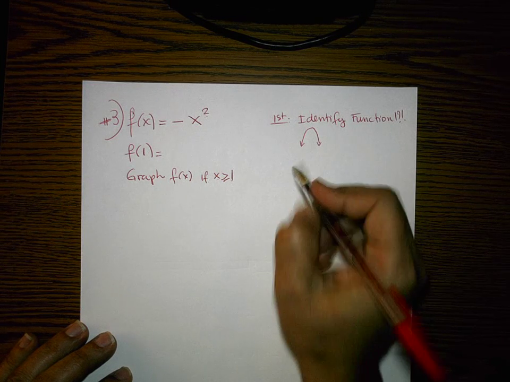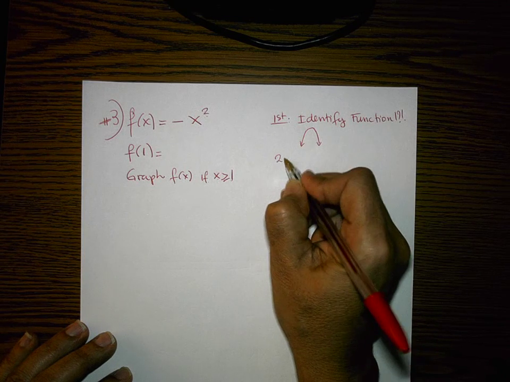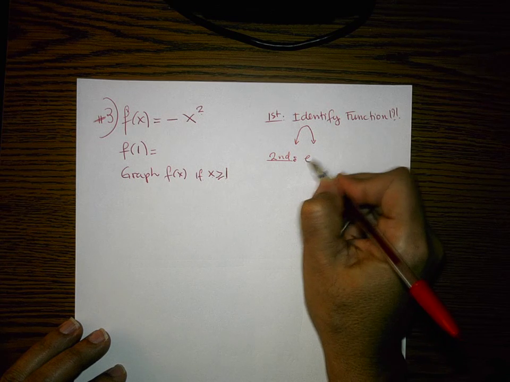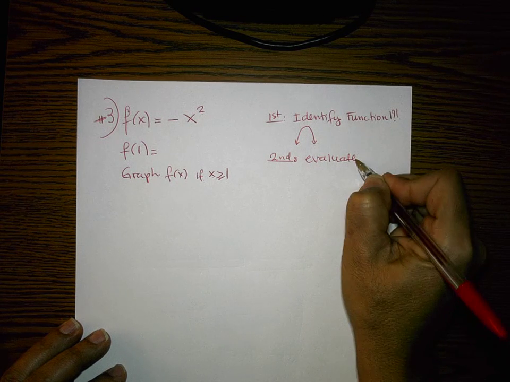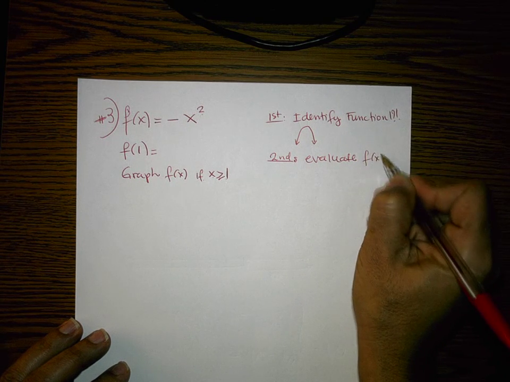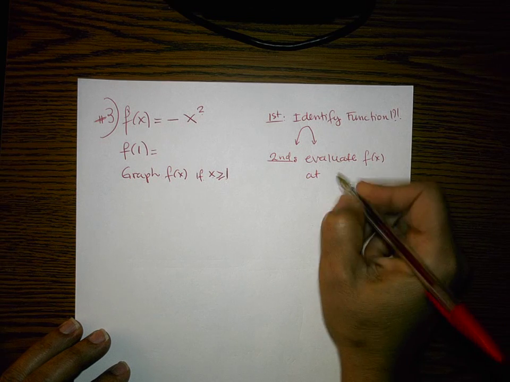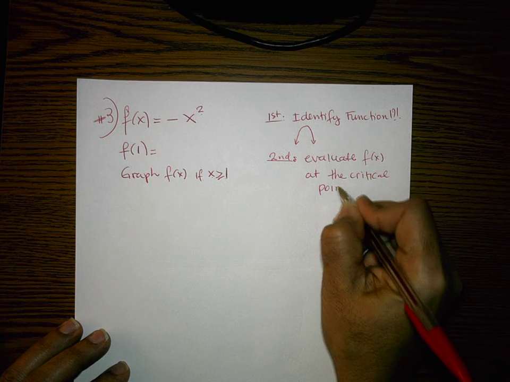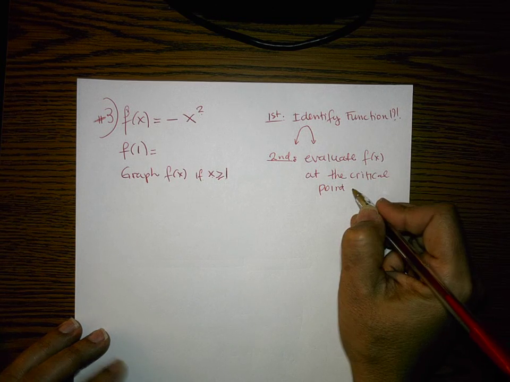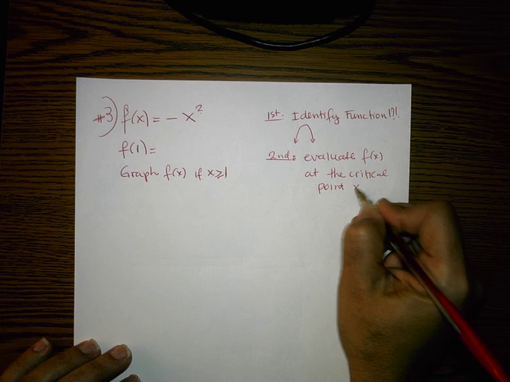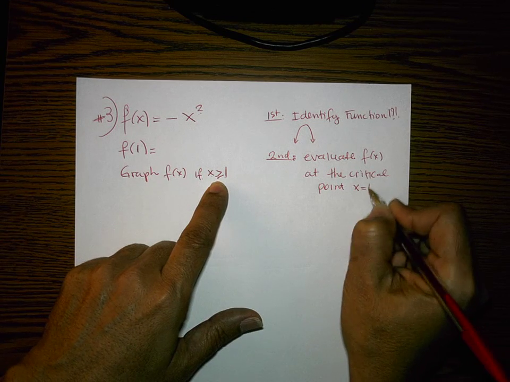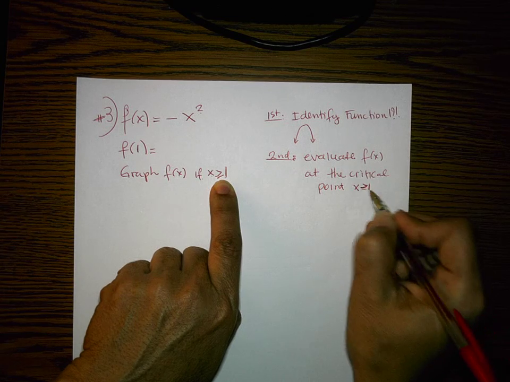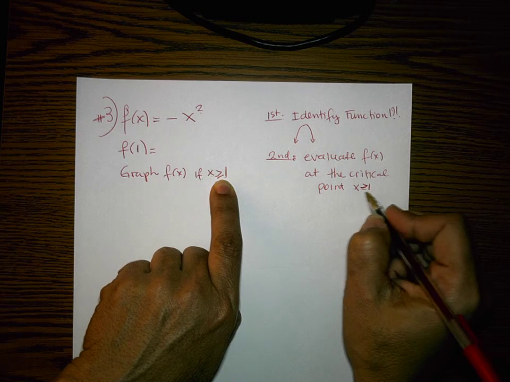So the second thing I do, after I have an idea of what I'm graphing, is I evaluate f of x at the critical point. In this case, the critical point, my restriction, is x equals 1. There's a restriction right here, greater or equal to 1. So I'm going to evaluate x equals 1.